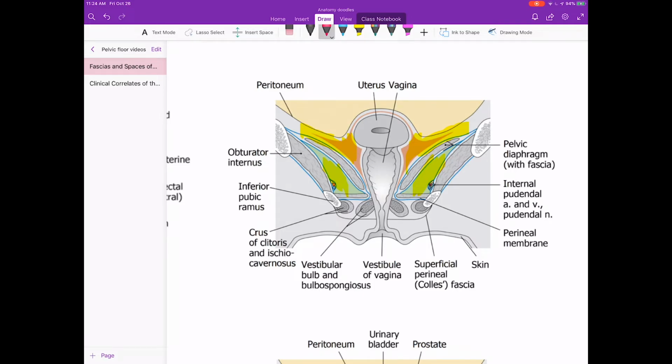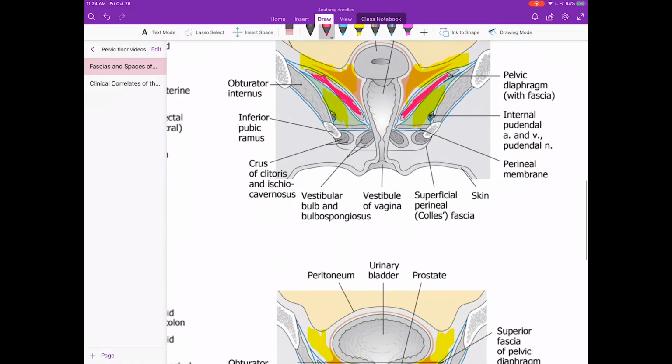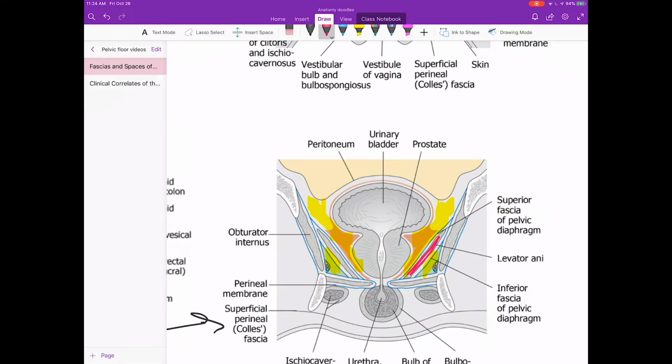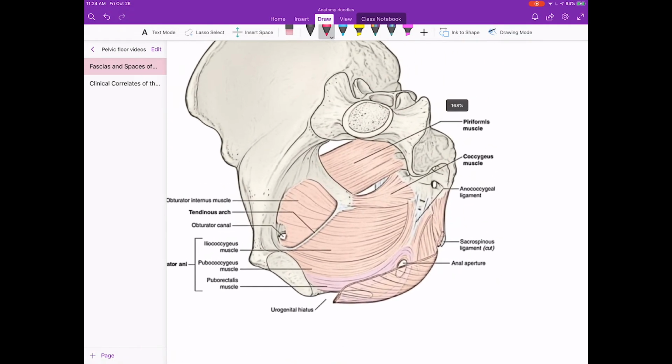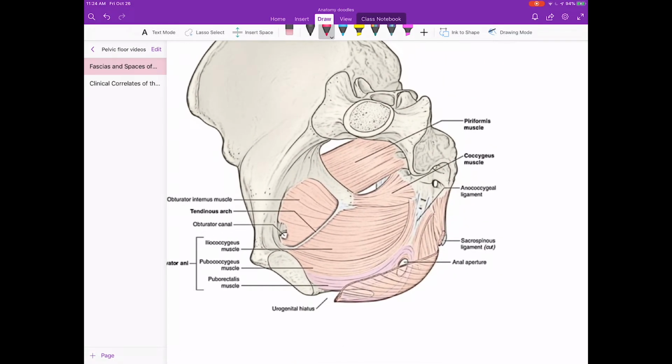So here is levator ani. Now it looks like a V-shaped structure as a cut edge, previously in the female, here in the male. But again, it is a bowl. So if we look at this diagram, this is an oblique view.